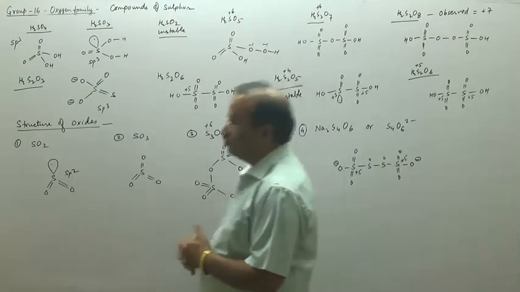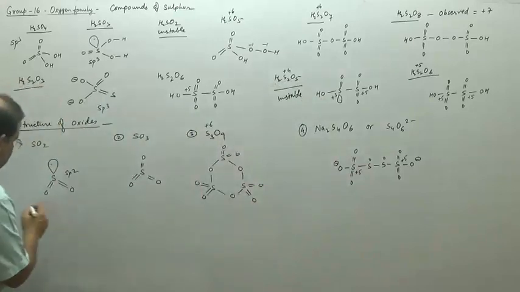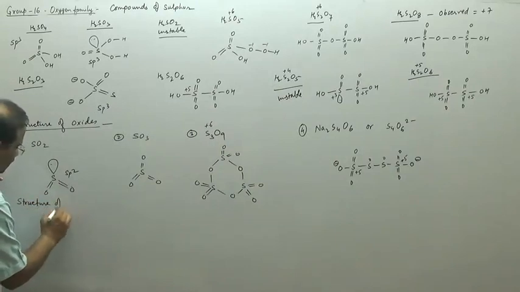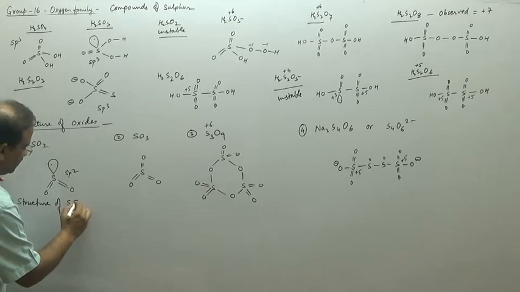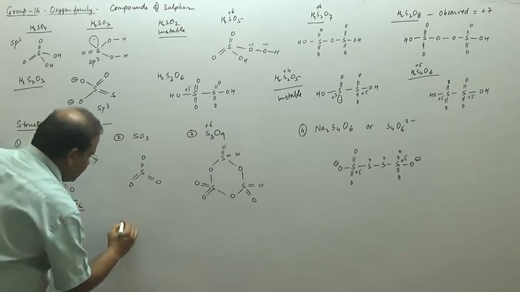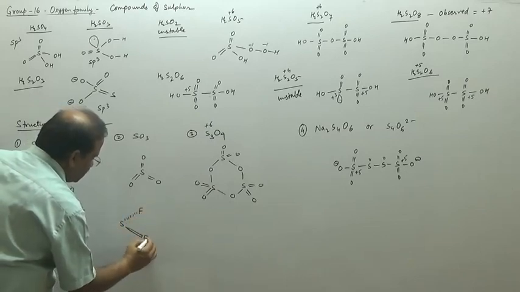We know how to write the structures, because we can write the structures like this. If we are having the structure of SF6, we can write that it is like this, that is sulfur, having a fluorine like this, then a fluorine like this, that is octahedral structure.